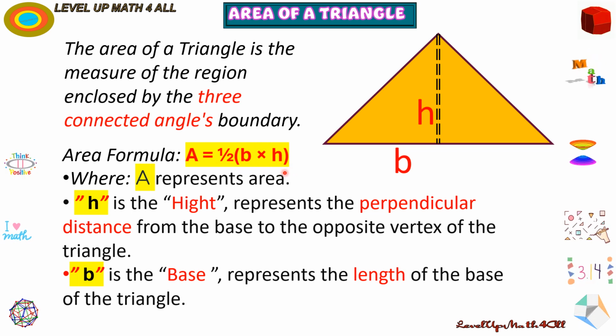You can say area formula for a triangle is A equal to half BH, or 1 by 2 B times height. Whichever way is convenient for you to remember, please make sure you know this formula by heart and keep this picture in your mind. This is a perpendicular line between top to the bottom, that's called height, and the bottom line is a base.